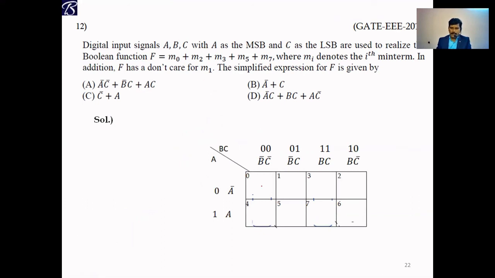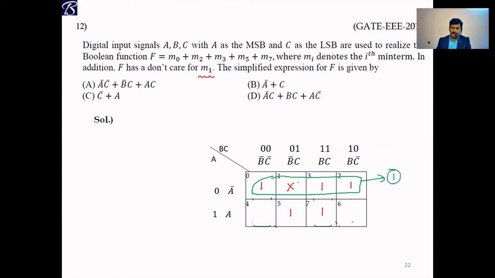So M0 is this one, M2 is this one, M3 is this one, M5 here, and M7 is here. Now there is M1, it's a don't care, this is X. Now we need to minimize. Coming to this first one, the only maximum possible group is a quad, this is first one.